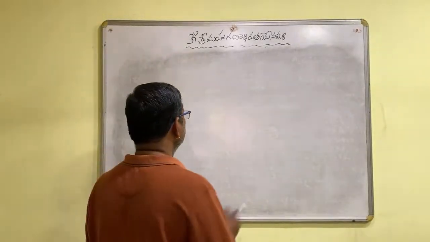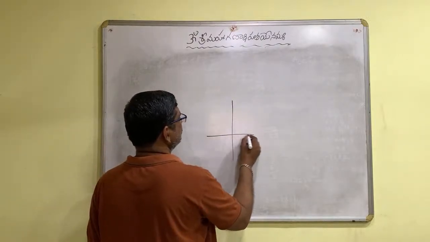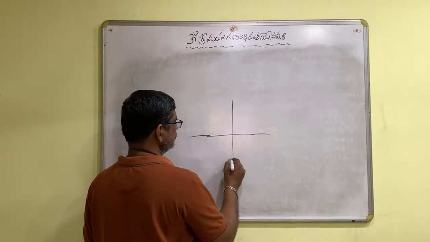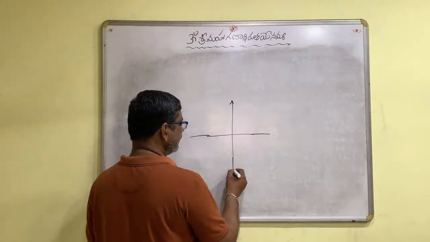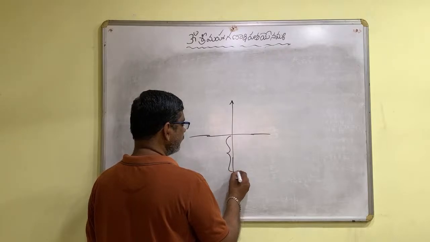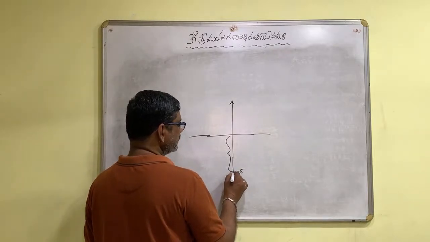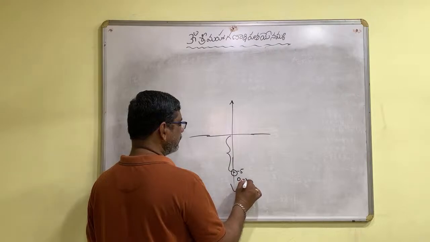Which lies on y-axis, in the negative direction of y, 5 units away. So this point is nothing but 0 comma minus 5.